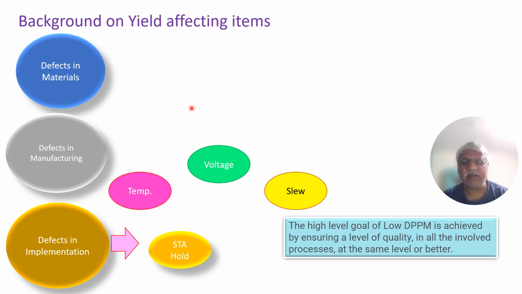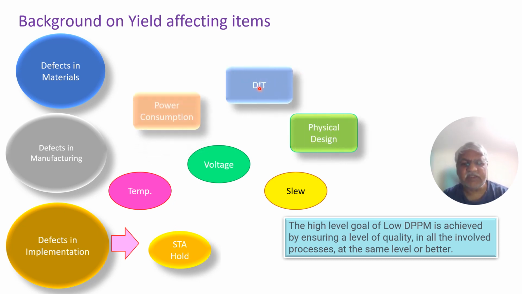There are other related stages such as the power consumption phase, DFT phase, or physical design phase. There can be other phases also. They are all interrelated. That means process, temperature, voltage, slew, all these things can affect power consumption. It can affect the DFT or the physical design.